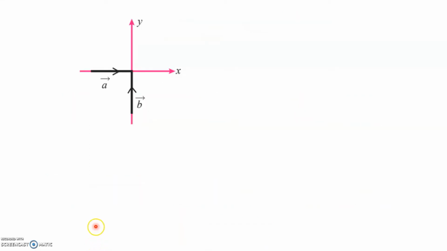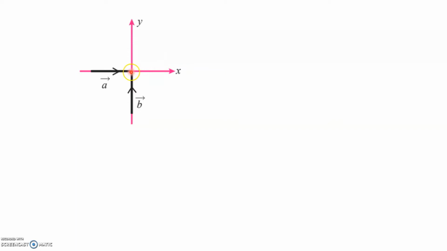Now let's consider two vectors A and B, right? And let's assume that these vectors A and B are acting on an object which is placed at the origin here, just for assumption. When vector A and vector B are in a line of action on an object placed on this origin, what's going to happen?